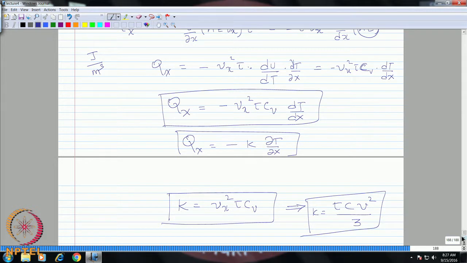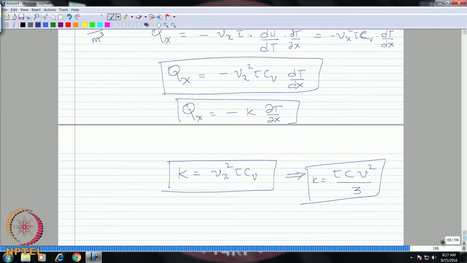So, this is how, at the molecular level, the velocity of the gas molecules and the relaxation time in turn govern your transport property called thermal conductivity.